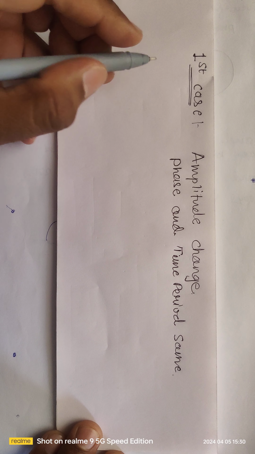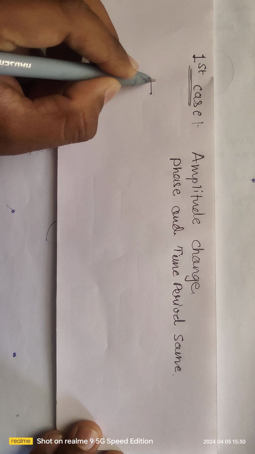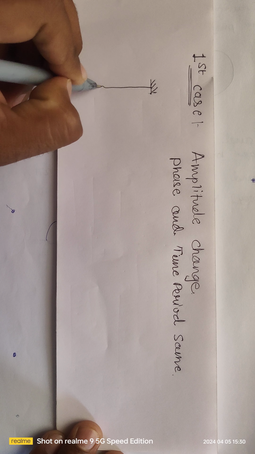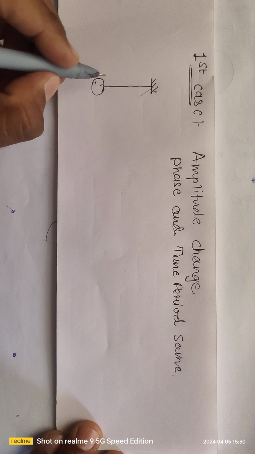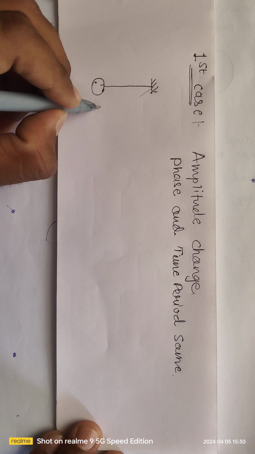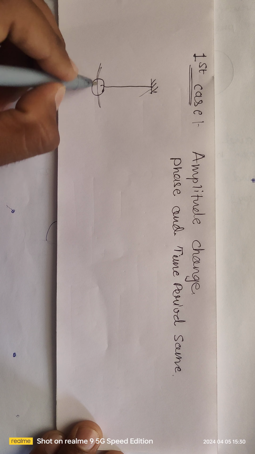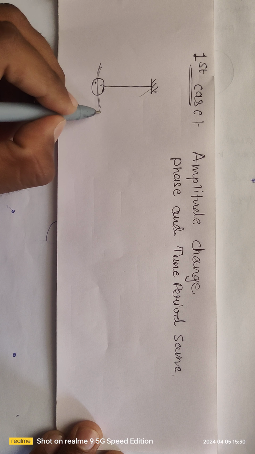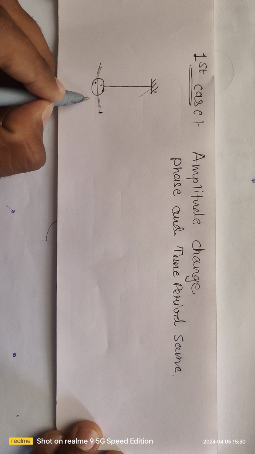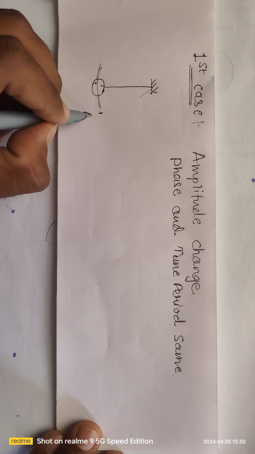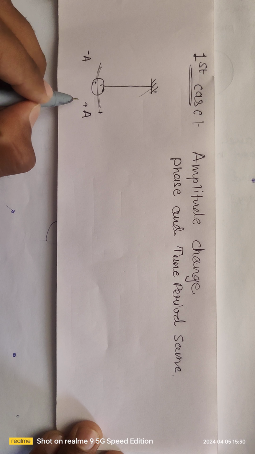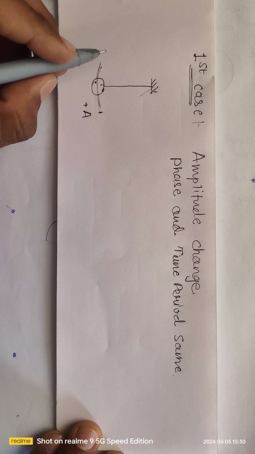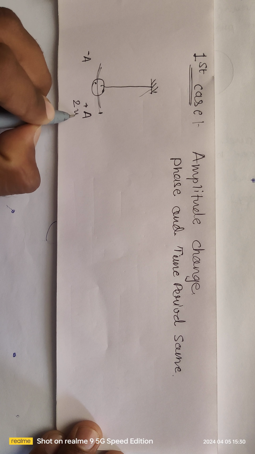We have two pendulums. Our first pendulum is oscillating in such a way that its maximum amplitude on both sides is 2 units.